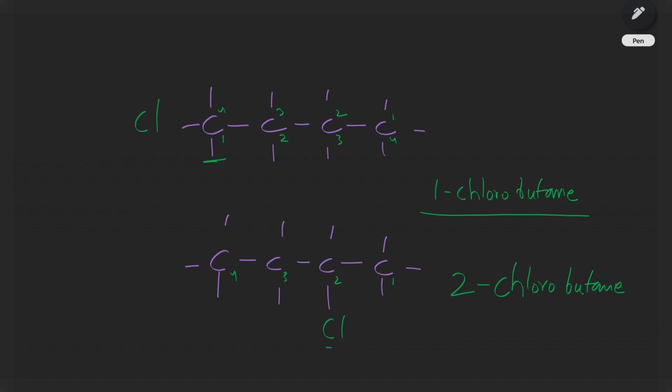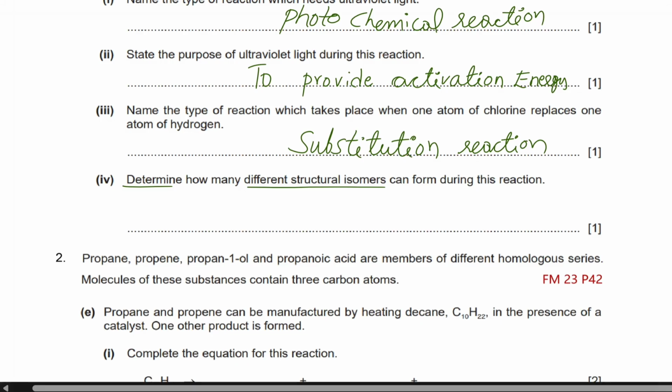Even if I give here or here, the name would be the same, right? If I just give it here, then again it is still called 2-chlorobutane. So the number of possible structural isomers for this is 2.